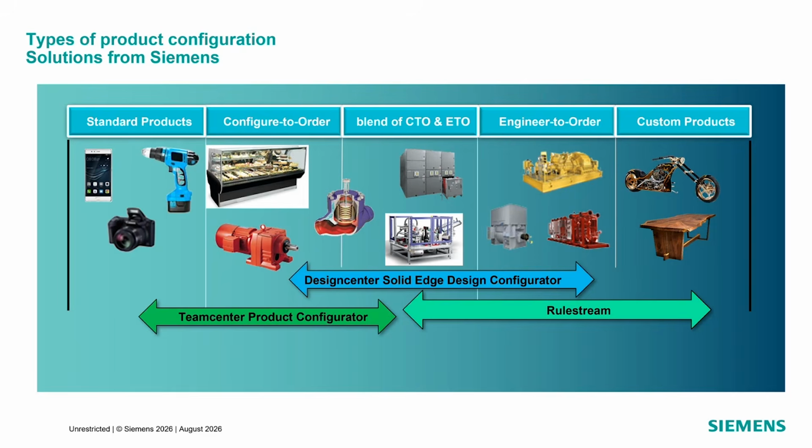And Designcenter Solid Edge Design Configurator really spans CTO and ETO use cases for teams directly working in the Solid Edge environment. So again, on the spectrum, there are multiple solutions that Siemens provides, and Solid Edge Design Configurator does a bit of both configure to order and engineer to order.